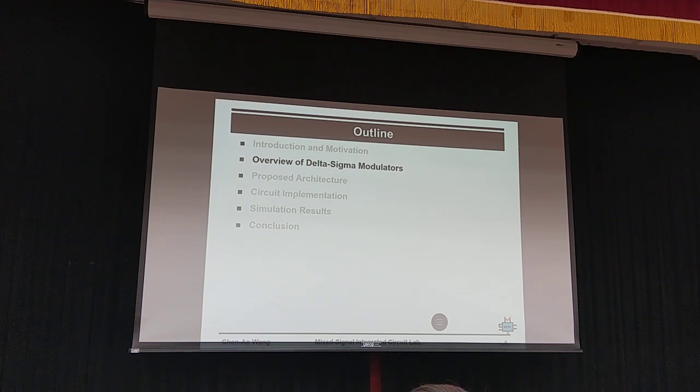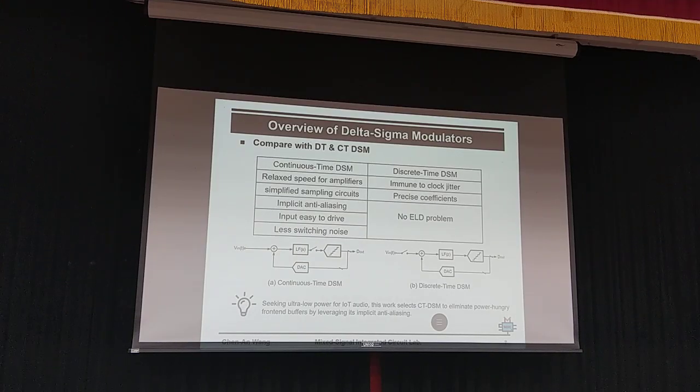After the motivation, we will move on to the second part, the overview of delta-sigma modulators. In this table and block diagram, we compare continuous-time and discrete-time architectures. Discrete-time delta-sigma modulators are immune to clock jitter and have precise coefficients. However, their switched-capacitor input stage generates severe switching noise.